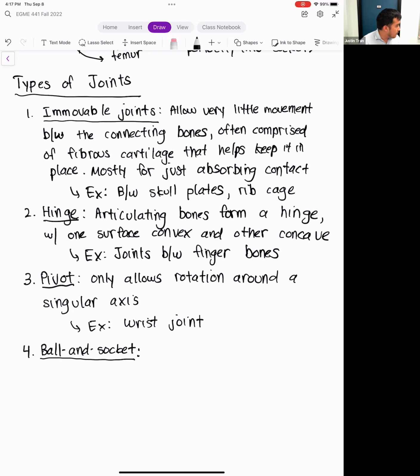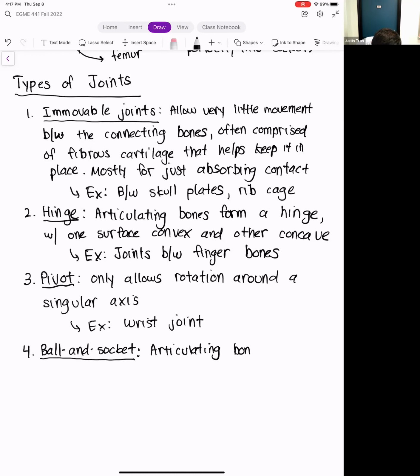And so they make a very nice mating pair. Okay.